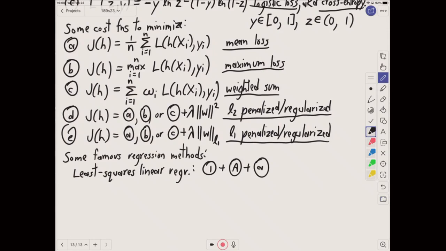So linear regression function, error squared loss functions, and take the mean of all of the loss functions and optimize that. Of course, there's also a weighted version of that. Weighted least squares linear regression is basically the same thing, except that I just add those weight terms. So cost function little c, we have a weighted sum of terms and optimize that.